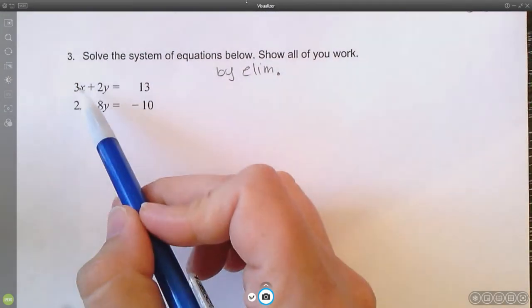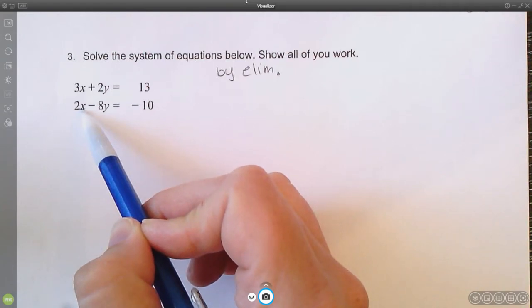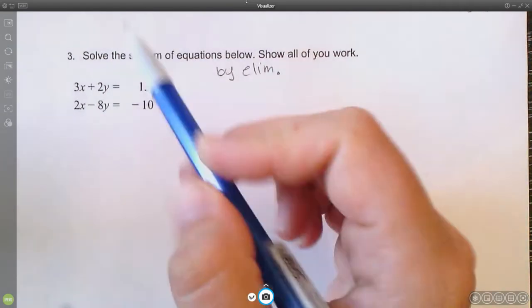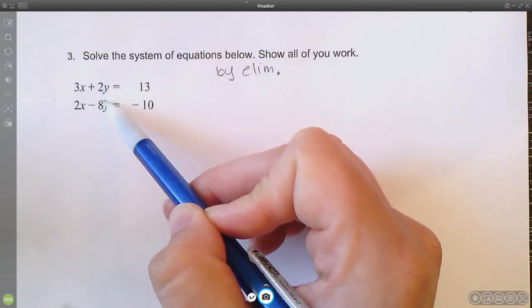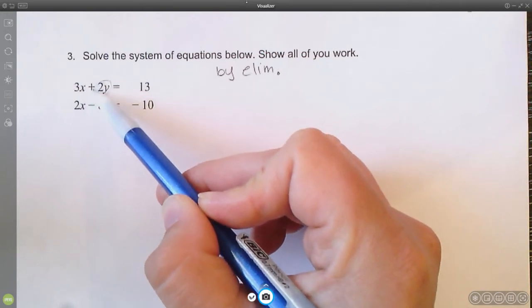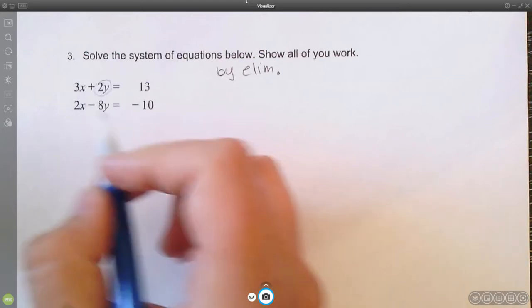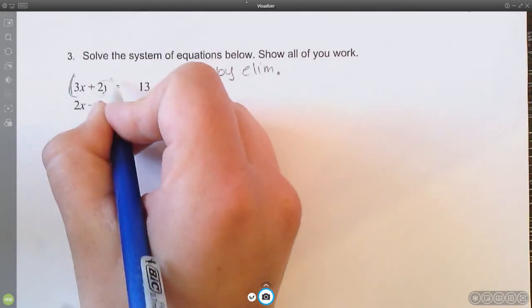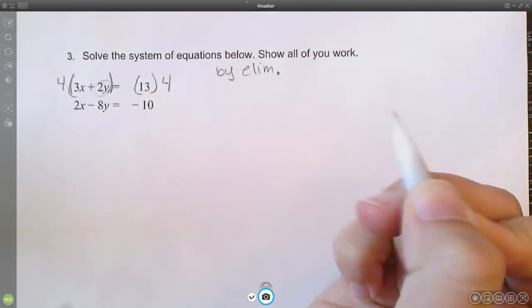So we want to make either this 3 and this 2 the same number, but we already talked about that in the last problem, not going to be easy. Or we can make the 2 and the 8 the same number. So it looks like we can multiply this 2 by 4, and that will give us 8. So we need to multiply this by 4. Remember, you have to do it to both sides, and this by 4.